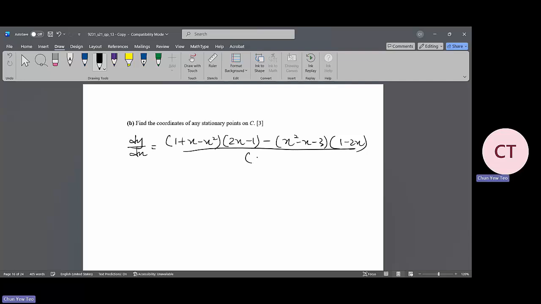So you have 1 plus x minus x squared, and you can see that we can actually factorize it out, 2x minus 1. So it will be 1 plus x minus x squared, and then plus x squared minus x minus 3.